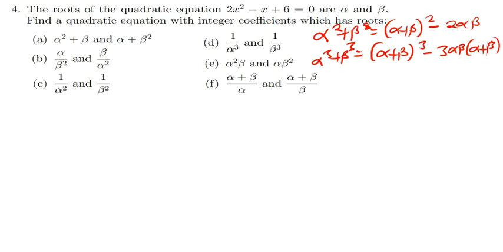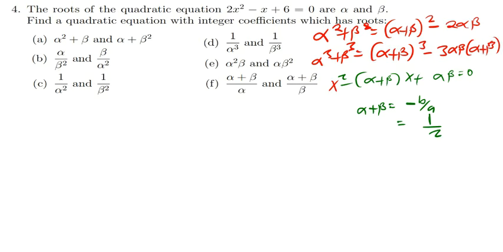Remember, the equation will always be x squared minus the sum, that is alpha plus beta, times x, then plus the product should be equal to 0. But first of all, let's find the sum, alpha plus beta, which is negative b over a. So what is b? B in this case is negative 1. So negative and negative will cancel, 1 over 2.